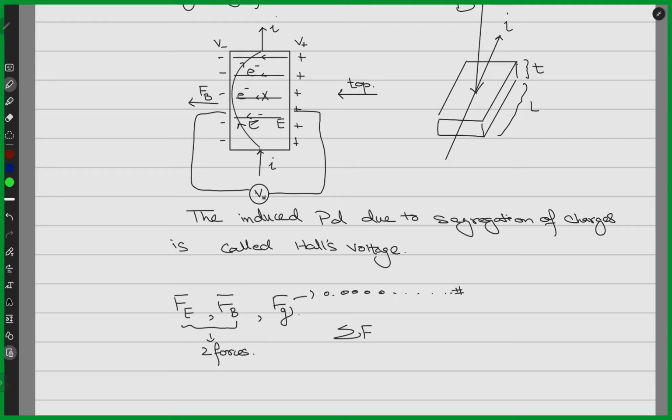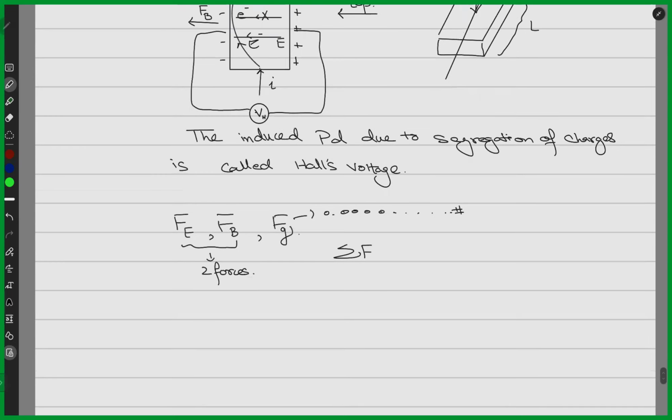If these are the only two forces, then they should be balanced by each other, which is, if I write the resultant force equation, the magnetic force is equal to the electric force. Now, let's call FB the magnetic force.